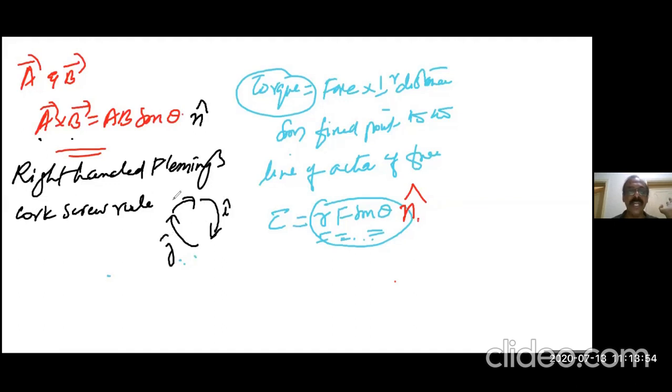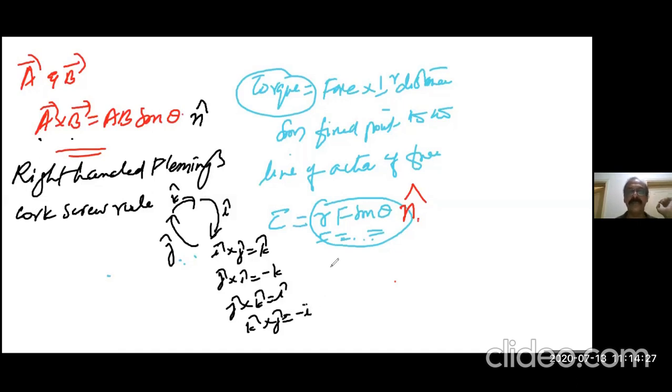I, J, K. Here you can mark the direction of cross products: I cross J is equal to K. J cross I is equal to minus K. J cross K is equal to I. K cross J is equal to minus I. This also you can put in the working column. For numericals, we need this idea.